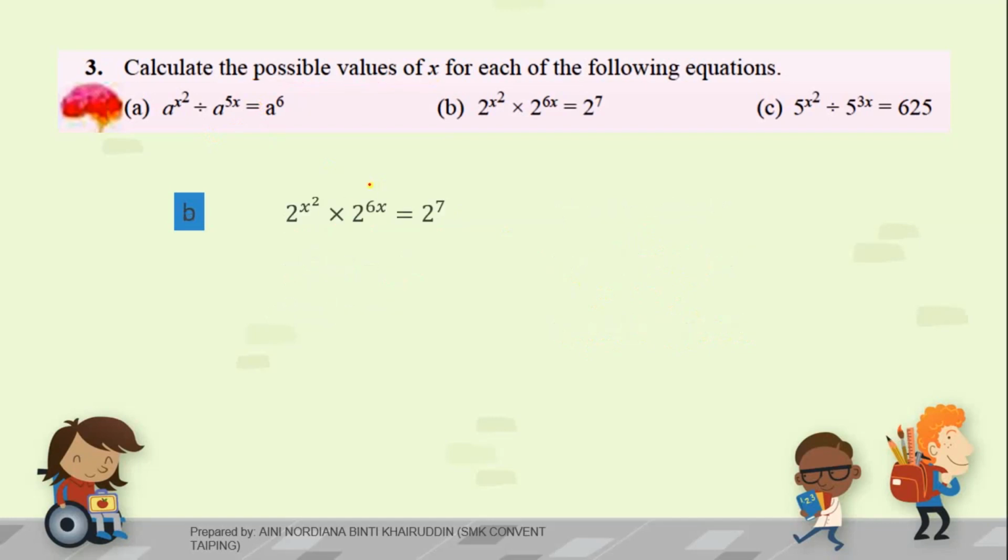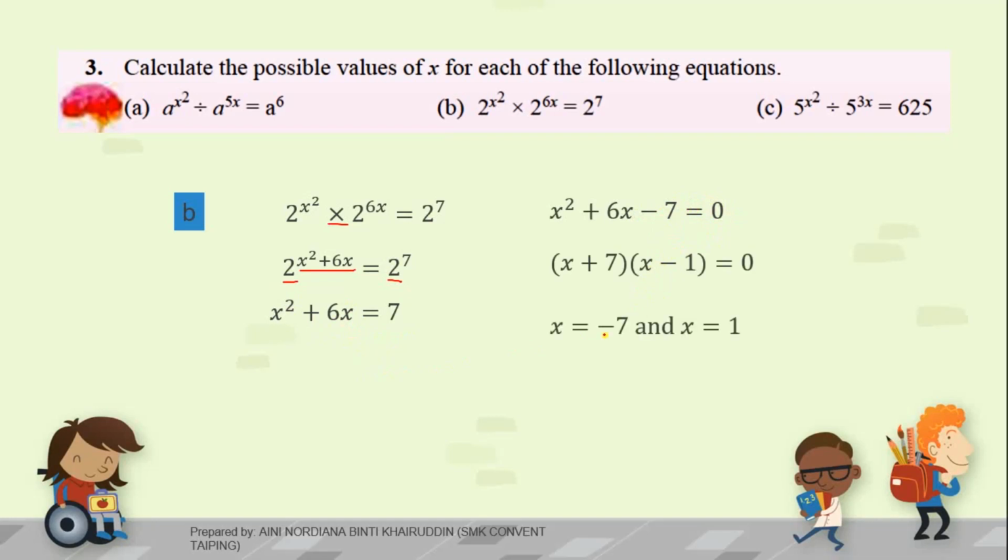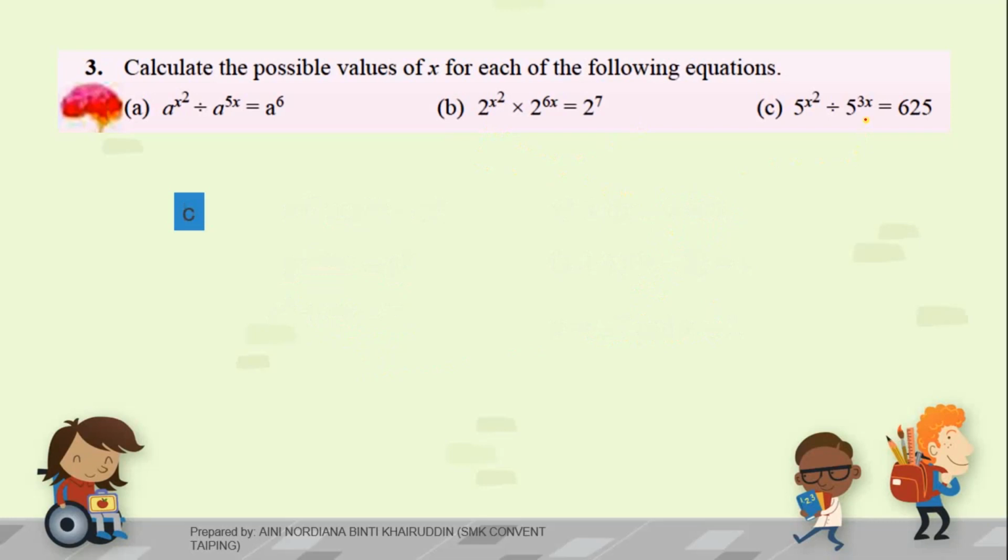Question B. So this is the question. Since this is multiplication, we just add the index. Since the bases here are equal, then the index also equal. So this is the general form of quadratic equation. Use factorization method. Then we get this. So these are the values for x. Okay, question C. This is the question.